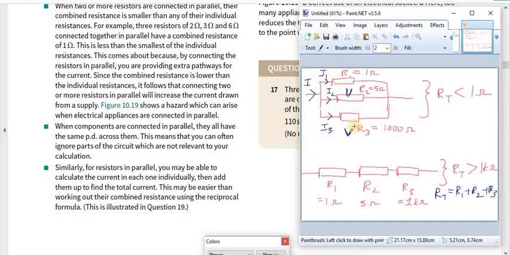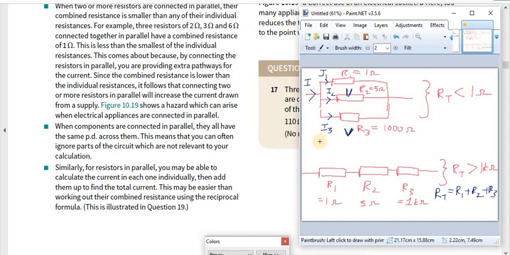If you know the potential difference across any one of these resistors, and if you know the resistance, you can find the currents I1, I2 and I3, and then find the total current using Kirchhoff's law, which states that the sum of currents entering a point is equal to the sum of currents leaving a point. Once you find I1, I2 and I3, simply add them, and that will be equal to I. That is Kirchhoff's first law, where the sum of currents entering a node is equal to the sum of currents leaving that node, or junction, or point.